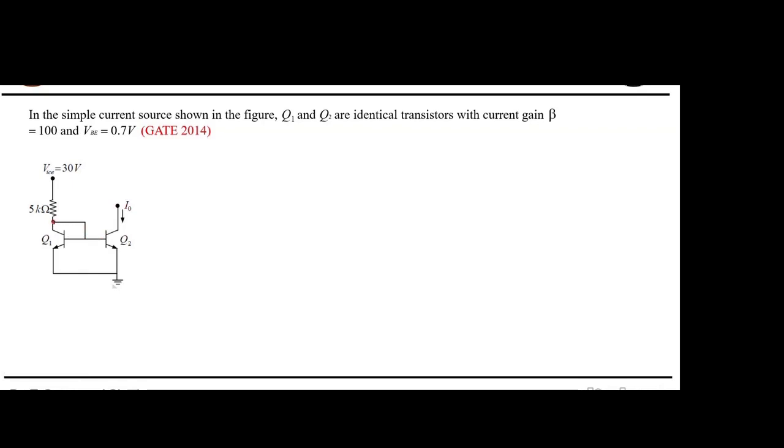The potential at here and the potential at here are the same or different? Same. So that means the collector and the base are at the same potential, right?